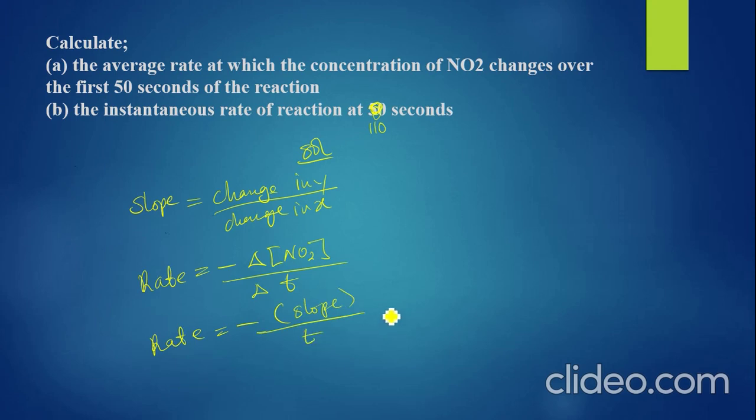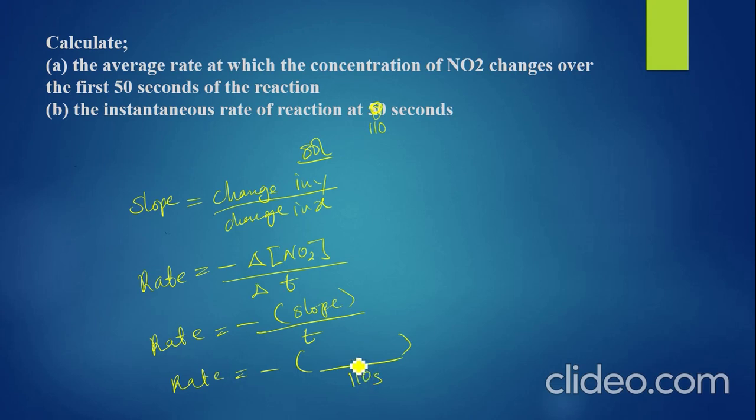Then the answer will be rate is equal to negative, what's your slope? So this slope, you're going to obtain it on the graph over the time that has been given, which is 110 seconds.